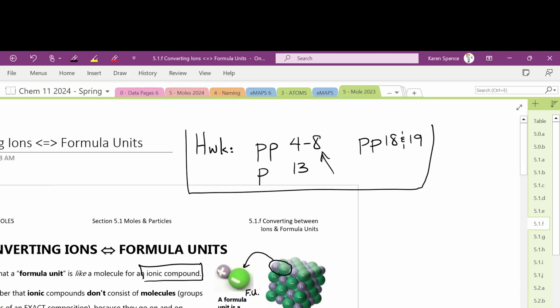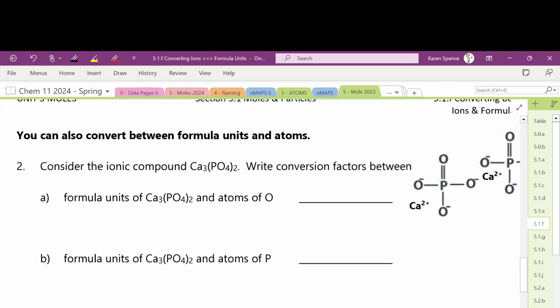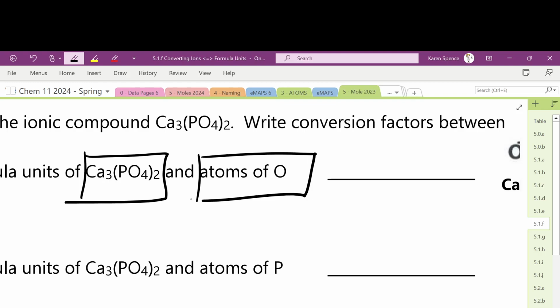At any rate, now that I've been dramatic, just because you have a formula unit doesn't mean you can't look at individual atoms. Okay? Could you find a conversion factor between Ca3PO4 and atoms of O? Anthony, what is the conversion factor between atoms of O and Ca3PO4?